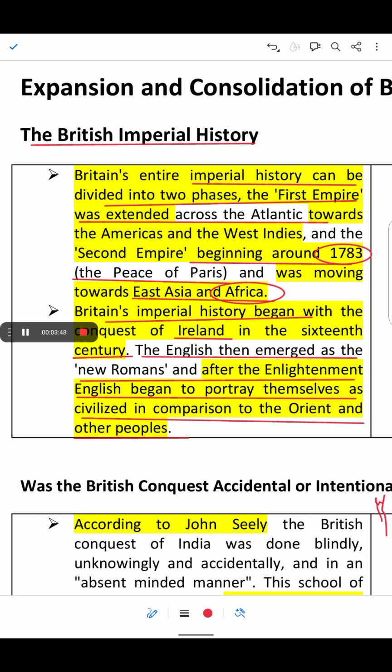So the British viewed themselves as superior or more civilized, and later they used this to justify their rule over other regions, saying that they were superior and had to civilize the other areas.